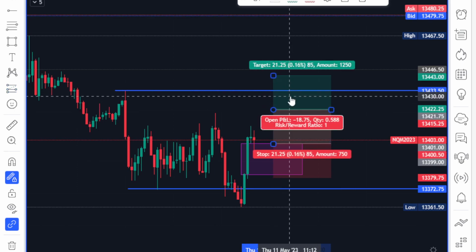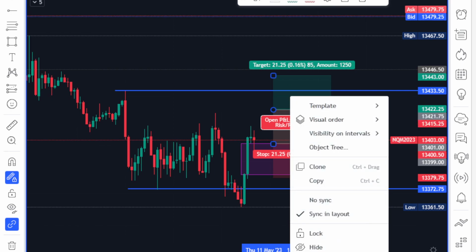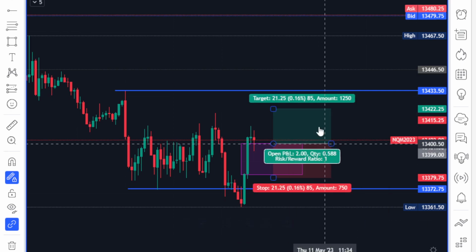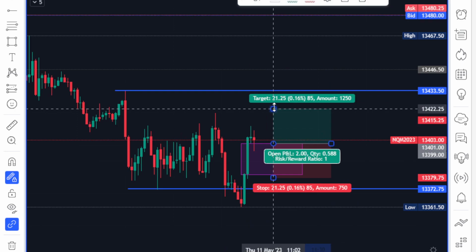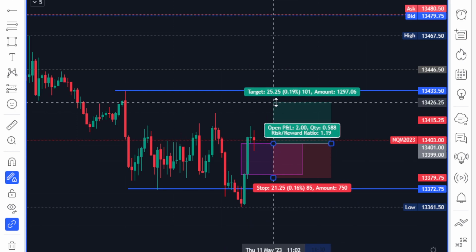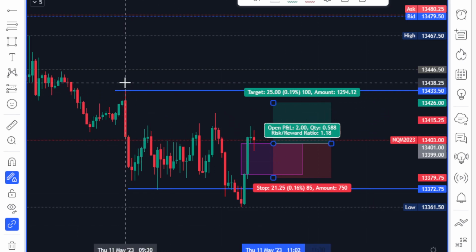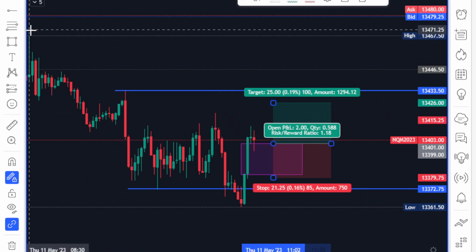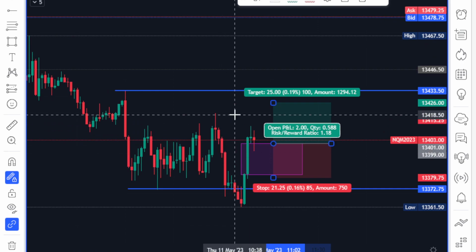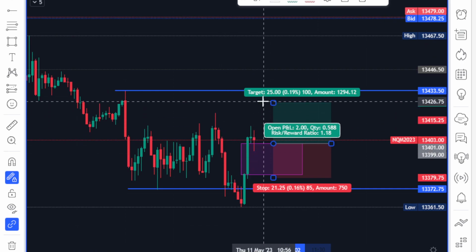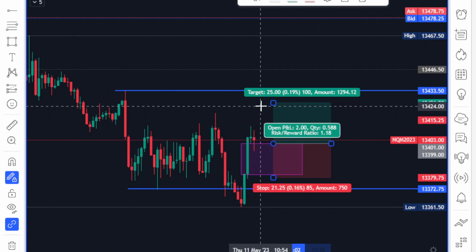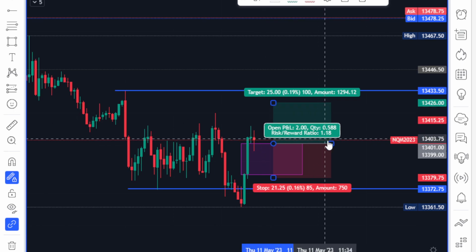If I were on the ES, I would simply target 5. But since we're on the NASDAQ here, I try to target the 25. So if we're going to target 25 handles, it would simply be here. Now you could go for this swing high over here, or even this swing high up here. It's really up to you. But 25 handles is going to be a $500 trade. So that's typically what I look for.